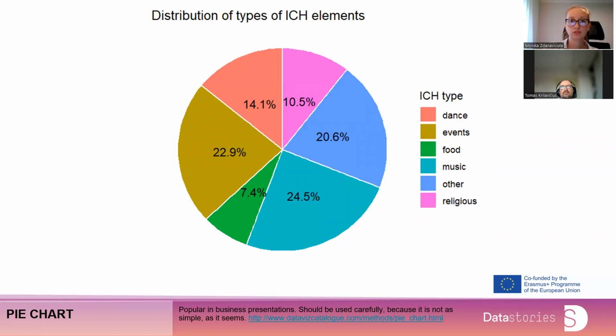Yeah, we can see those intangible cultural heritage element types. So the biggest groups are music and events, and also quite a big part is taken by elements that are not assigned to any group and called others. And the smallest group of ICH elements is food.